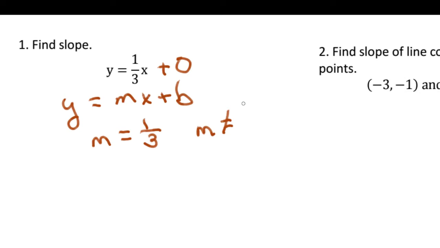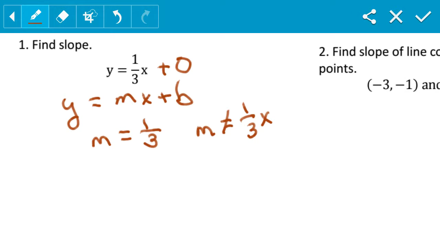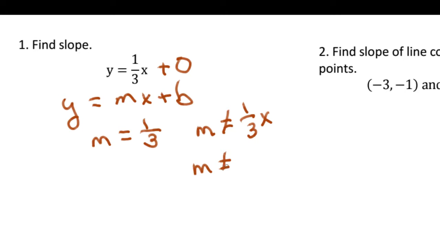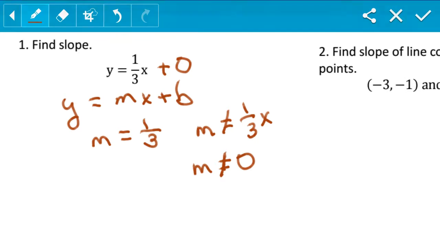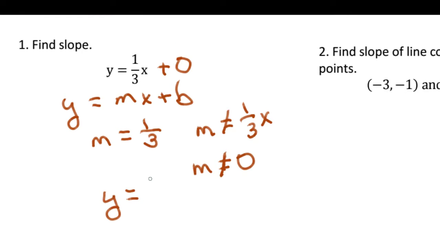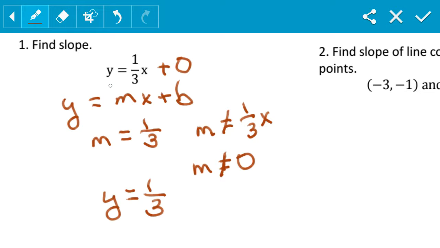Okay, here are common wrong answers. m does not equal 1/3 x. And also, m does not equal 0. Now, why would I suggest somebody would put that? Because this equation looks really similar. y equals 1/3. But in the first equation, we have an x.